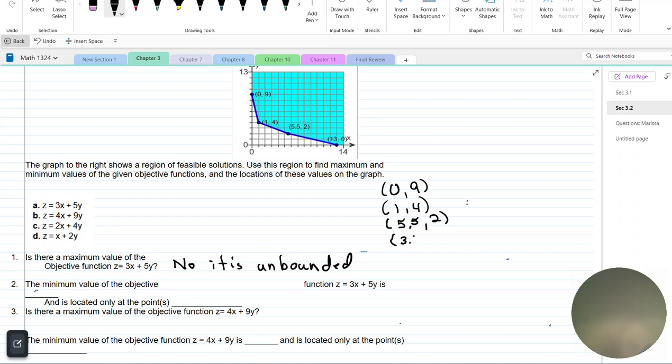Oh no, that's 13. Sorry about that. Those are the lowest because it's unbounded here. Okay. So those are our points.